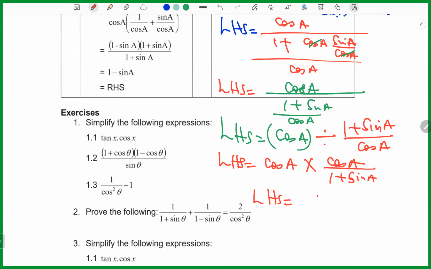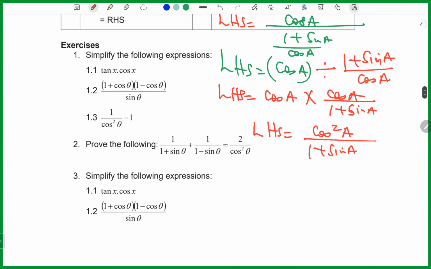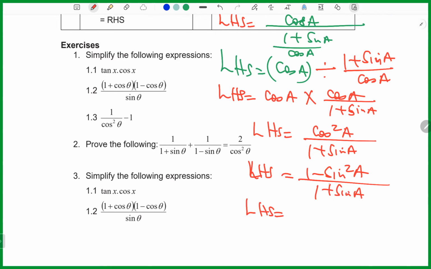So cosine A by cosine A is cosine squared A, which is divided by 1 plus the trigonometric sine of A. This is the left-hand side, which equals, what is cosine squared? It's 1 minus sine squared. Okay, so we use that result that they said we had to complete. So we have a difference of 2 squares. If you have a squared minus b squared, it is always a minus b into a plus b.